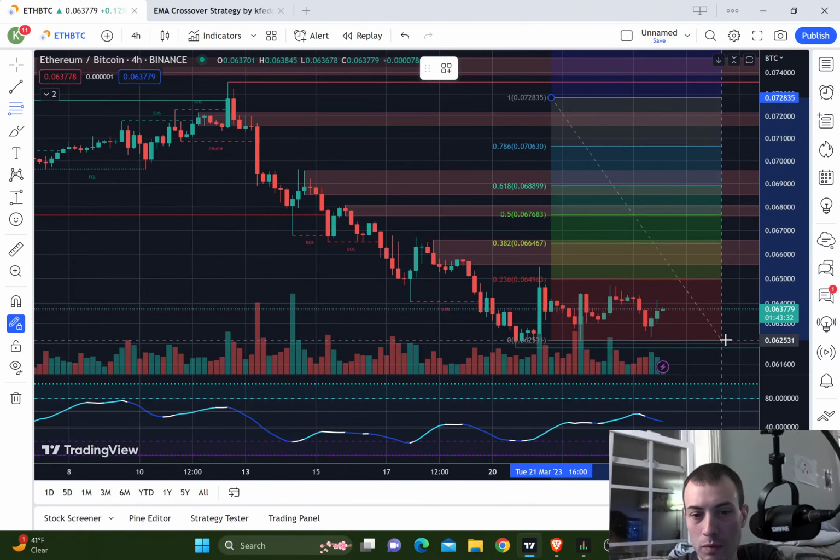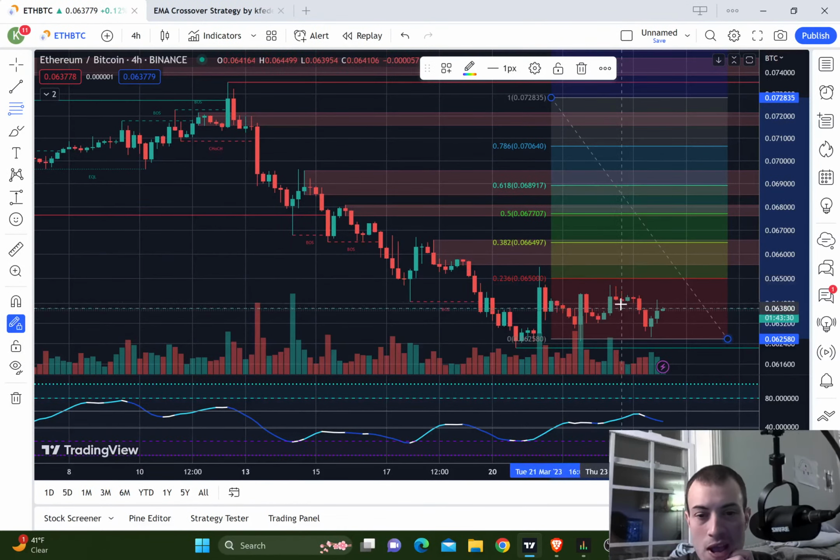All right, so a first target that I think it will hit sometime soon this weekend, likely: it will float up and at least touch the 236, which is at 0.065 even.